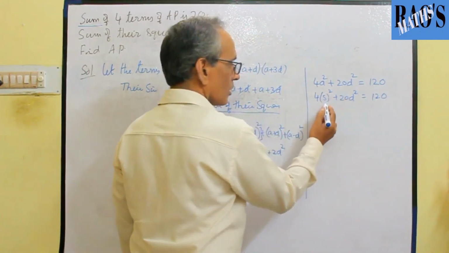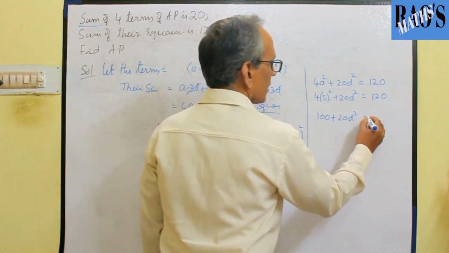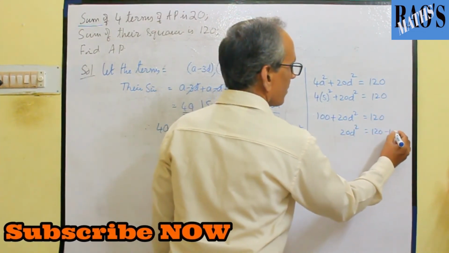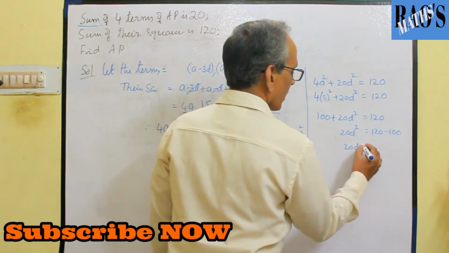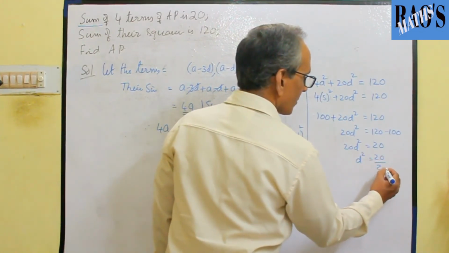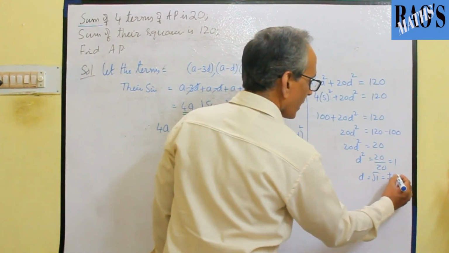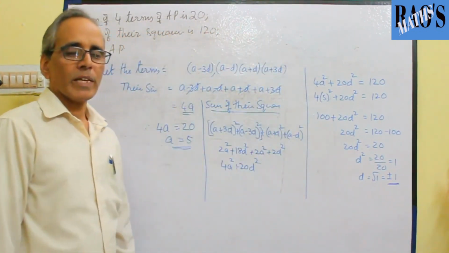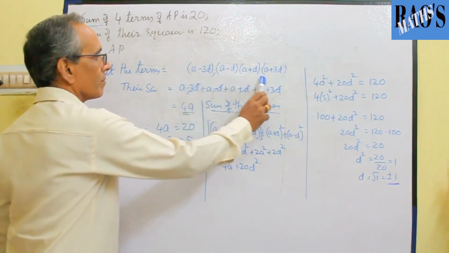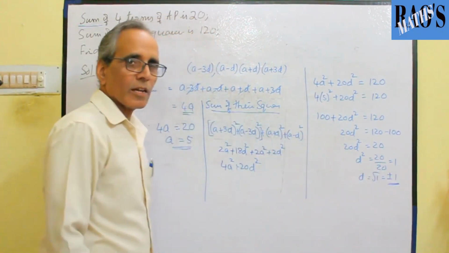So 5 square is 25, 25 fours are 100, 100 plus 20D square is 120. 20D square is 120 minus 100, so 20D square is equal to 20, D square is 20 by 20, which is 1, so D is root 1, that is plus or minus 1. So you got the D value, plus 1 or minus 1. Now we can define the AP by taking A as 5, D as plus 1 and also minus 1.